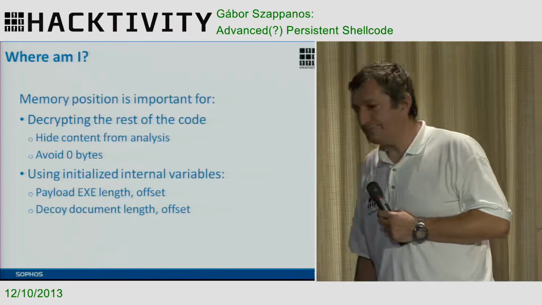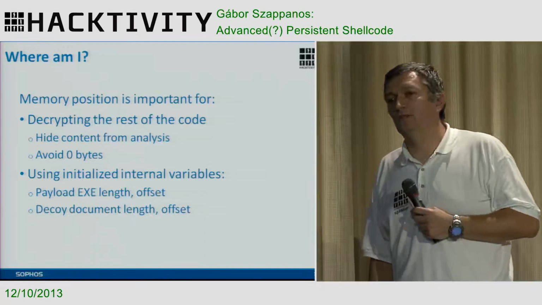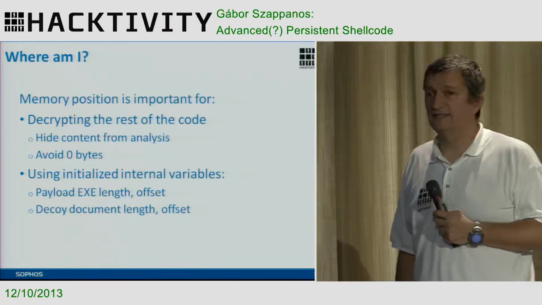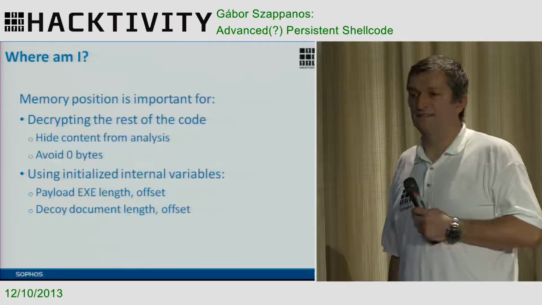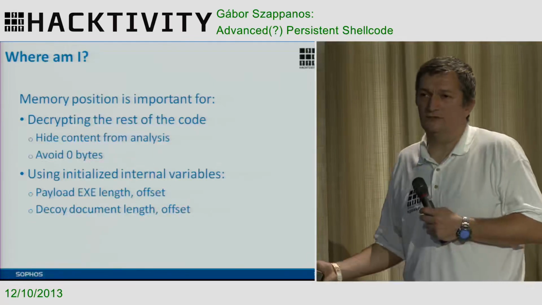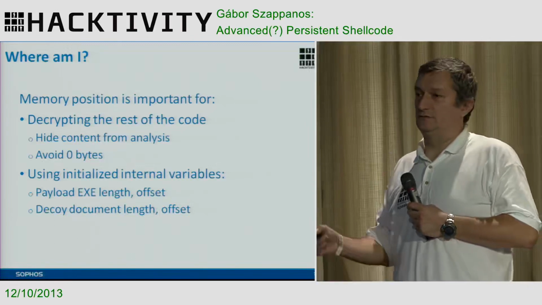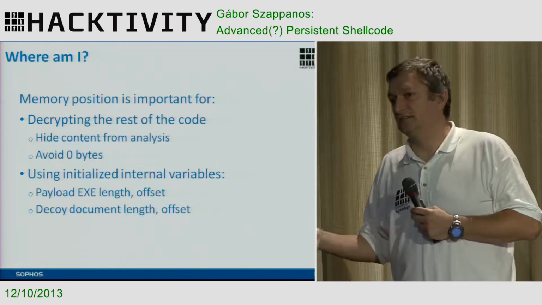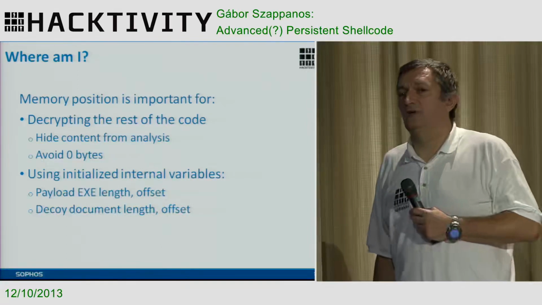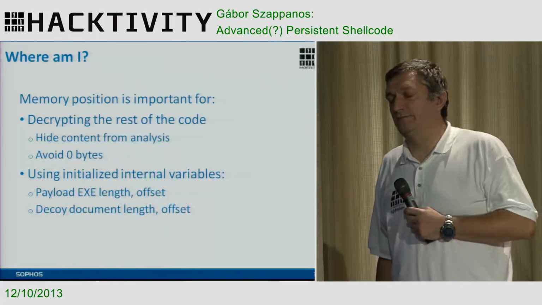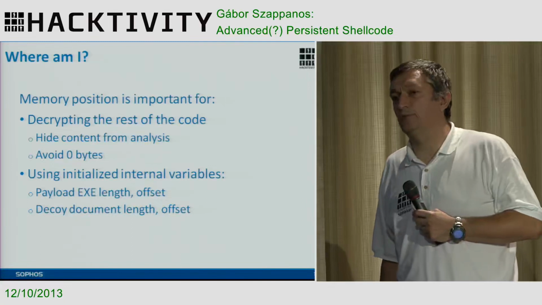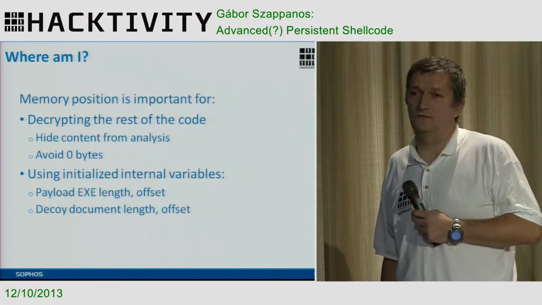The other is that in normal Win32 code, there are a lot of 0 bytes because it uses small integer variables which are stored in a DWORD, so there are a lot of zeros in it. Now, in exploitation, in most cases, it is some string buffer overflow.